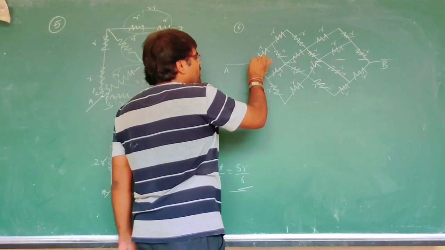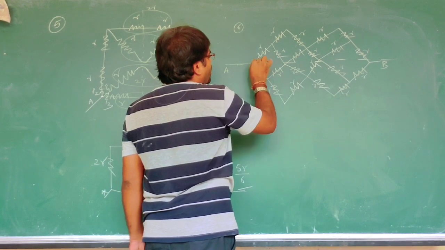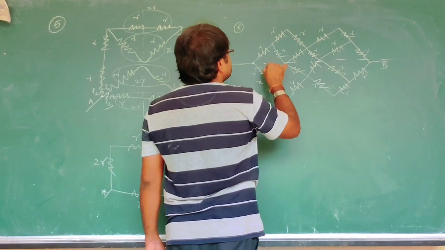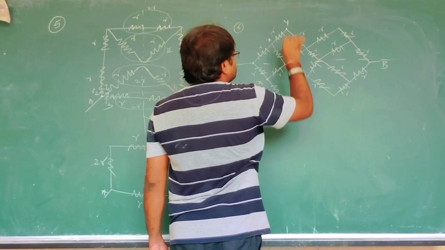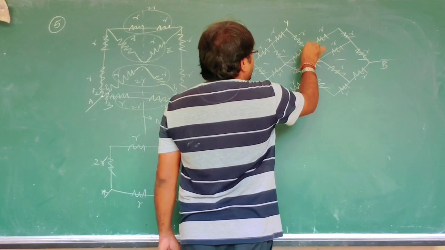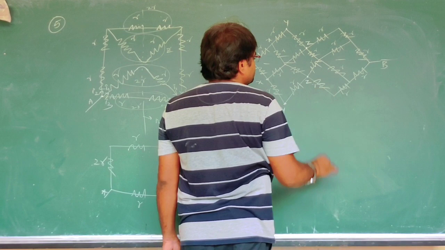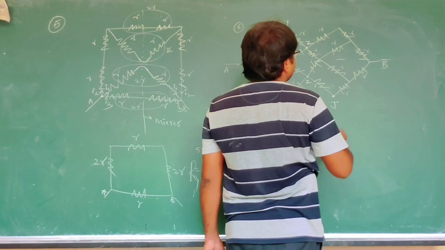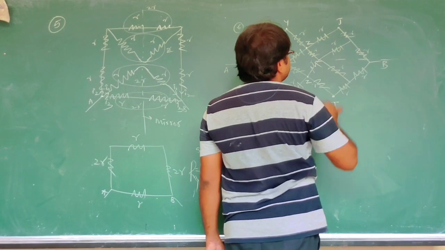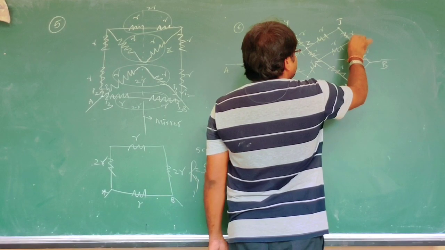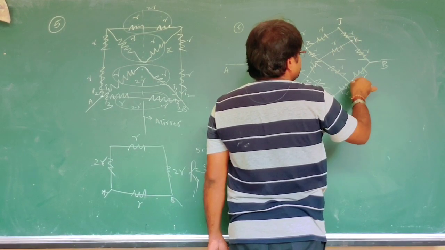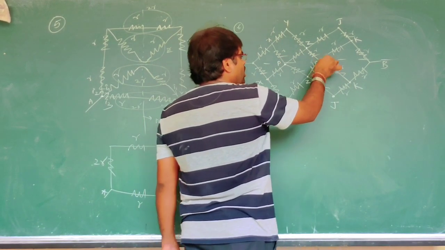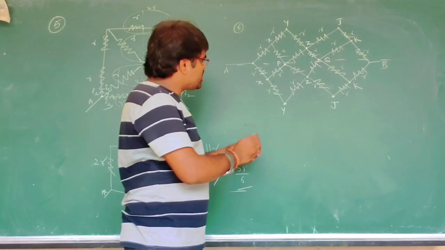Now see here: X, Y, X, Y, Z, Z, J, J, K, K. Now here we consider P and here we consider Q. See, you understand?